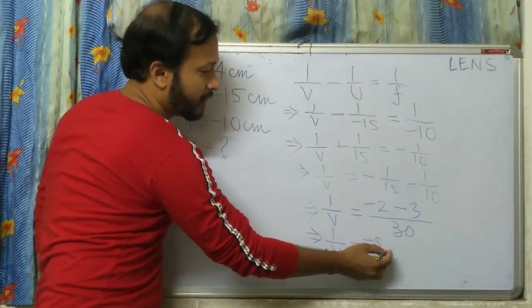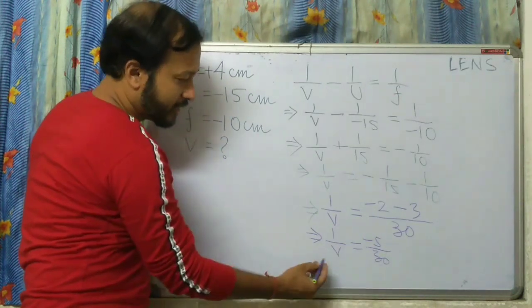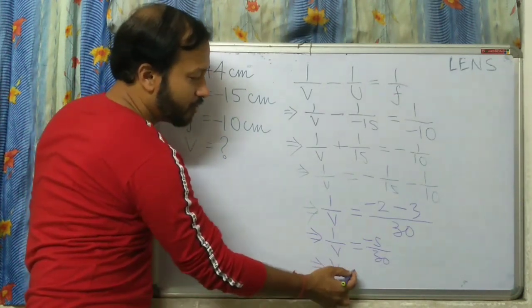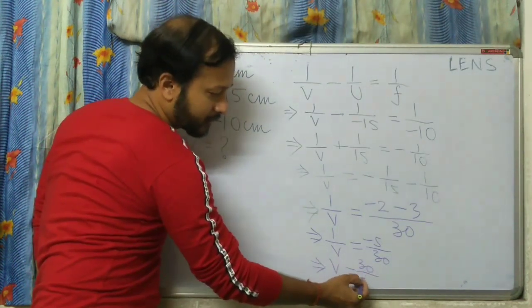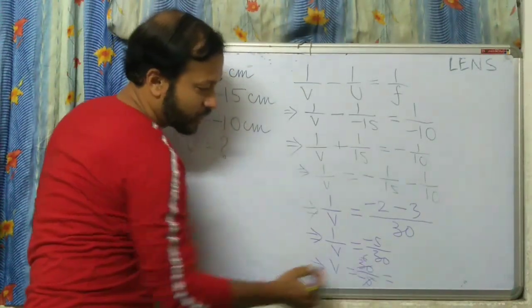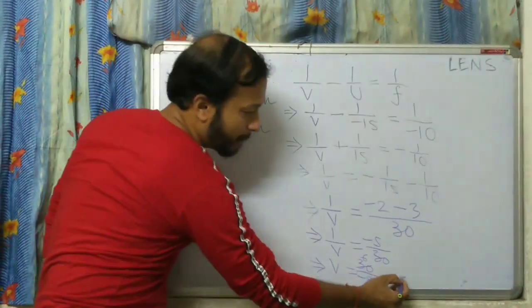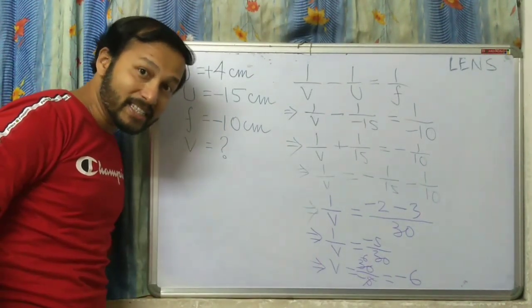Minus 5 by 30. So 1 by V equal to minus 5 by 30. That means V equal to 30 by minus 5. Now, what are we getting? 5 sixes are 30. So we are getting V equal to minus 6. Yes, V is minus 6.